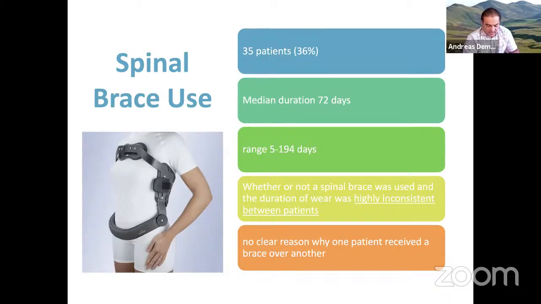Going through the notes, and that's one of the weaknesses of retrospective reviews, whether the brace was used and its duration was highly inconsistent between patients, and there was no clearly documented reason why one was offered and one was not. But using a brace like a Jewett in extension to protect lordosis against kyphotic tendency is our preferred choice.